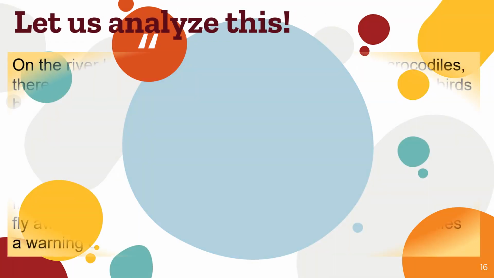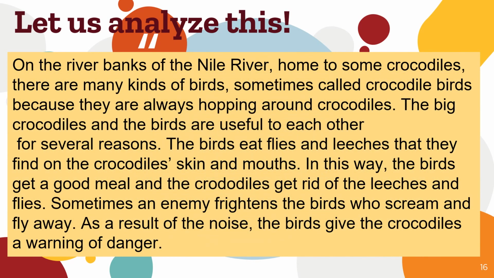Another, let us analyze this. On the riverbanks of the Nile River, home to some crocodiles, there are many kinds of birds, sometimes called crocodile birds because they are always hopping around crocodiles. The big crocodiles and the birds are useful to each other for several reasons.